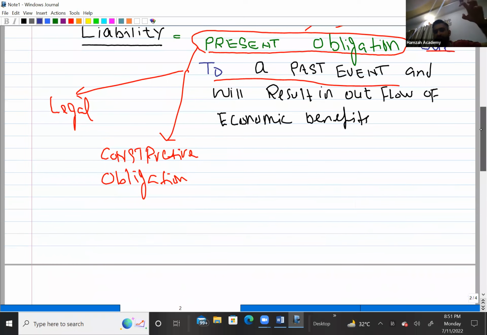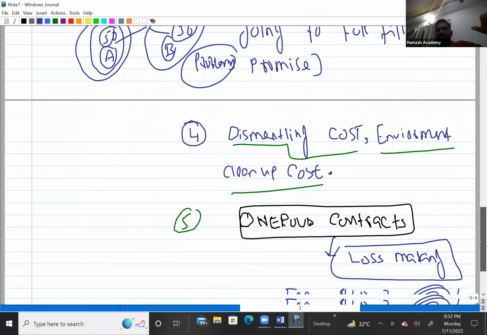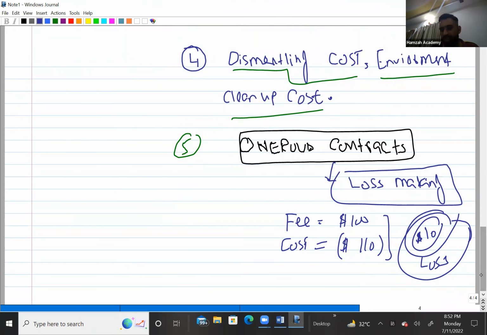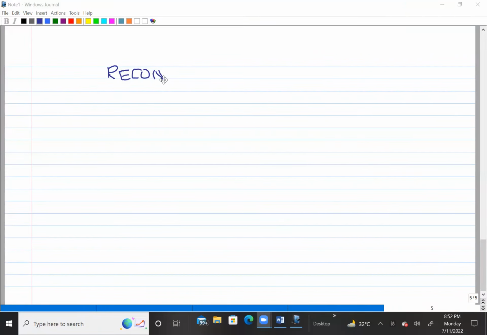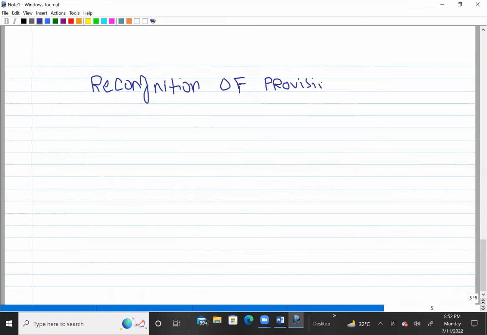And if the timing or the amount of that liability is uncertain, a provision will be recognized. Do you get it? Any question?